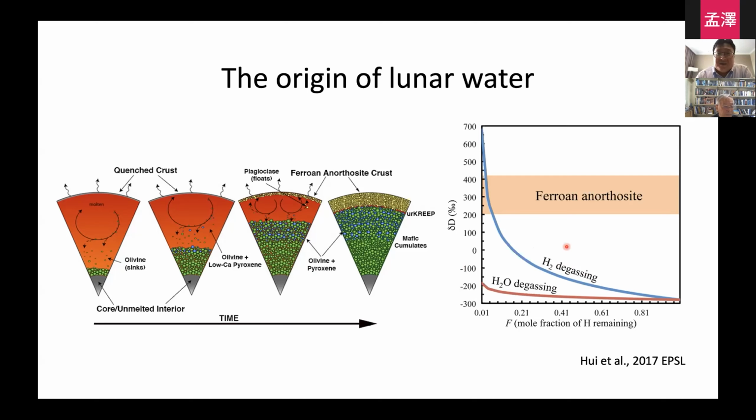So one spontaneous answer is that the water is inherited from the formation material of the moon, which then means the giant impact did not devolatilize all the water in these materials. That kind of contradicts the giant impact theory of the moon.